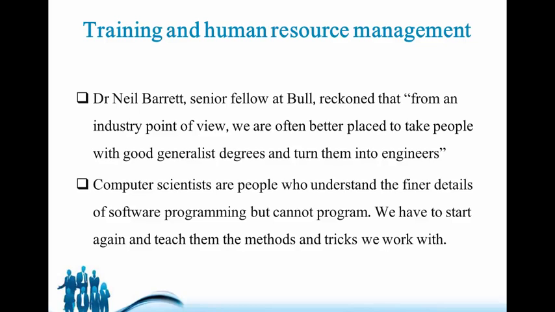Hence, industry claims that they have to train the individuals again with methods and tricks being adopted in industries, and hence, the considerable loss of time and resources takes place. Universities should minimize the gap between the two, otherwise, there will be no job security for IT graduates.